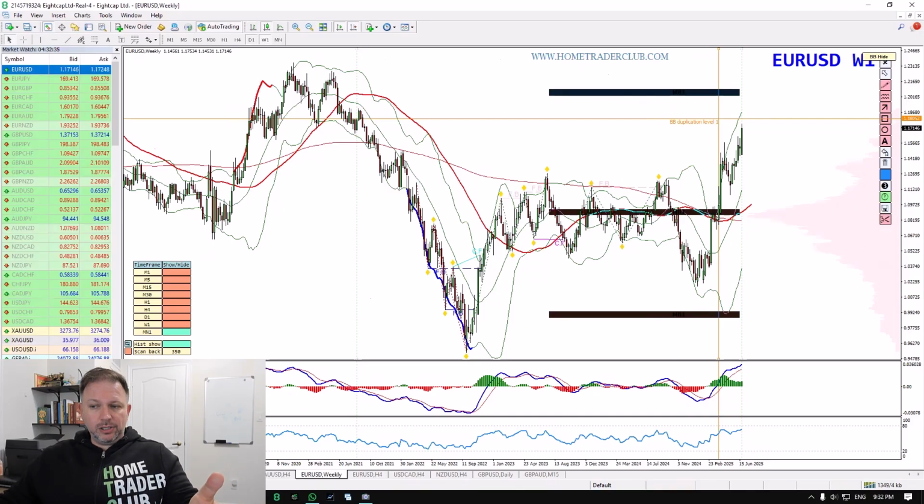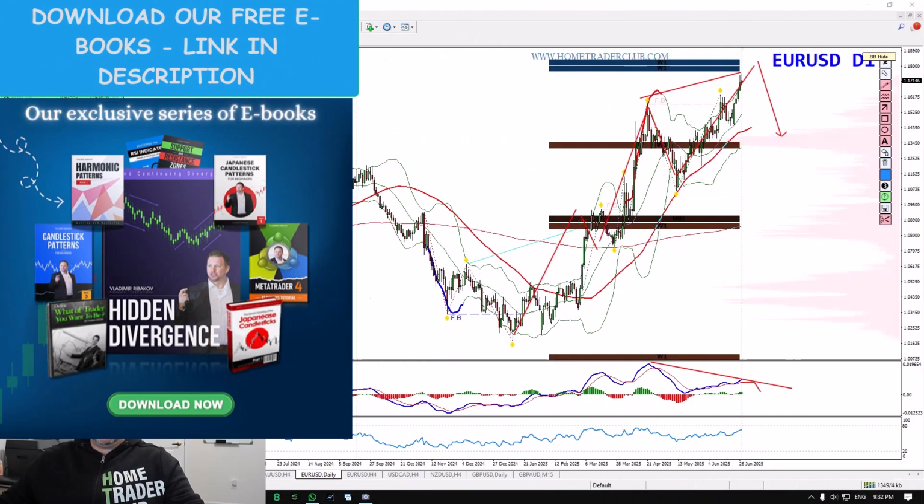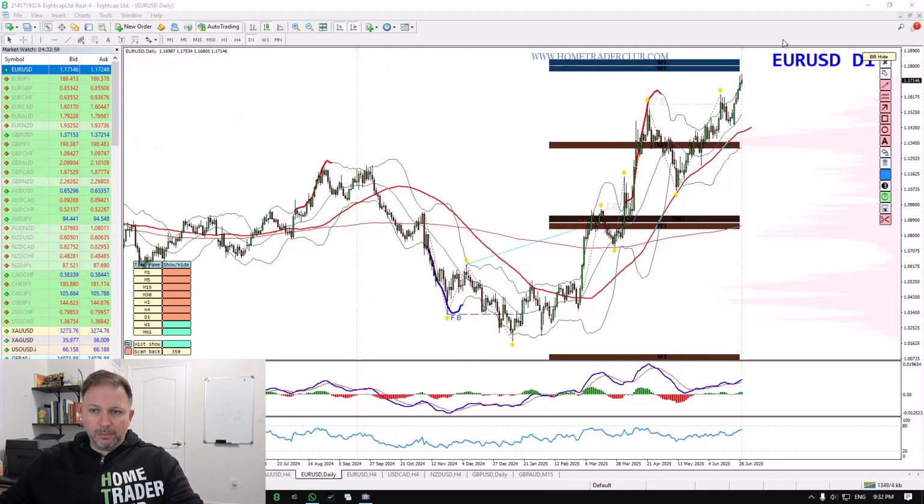If we drop to the daily chart, we can clearly see the euro dollar is about to complete its waves. You see this key level here? This is from the weekly chart, and with this bearish divergence developing, I think it is a question of time when the euro dollar makes the peak here and begins its reversal signs.